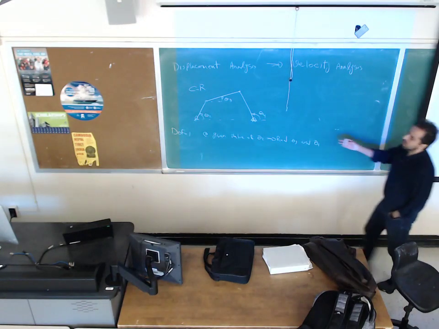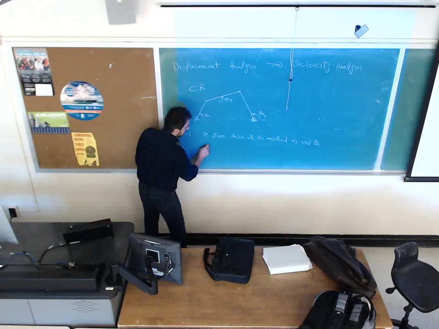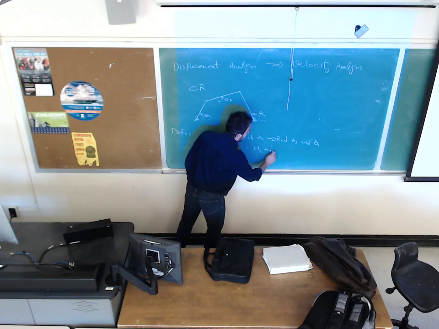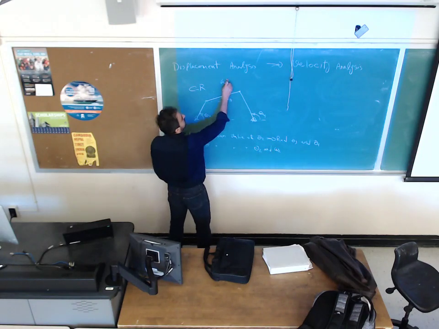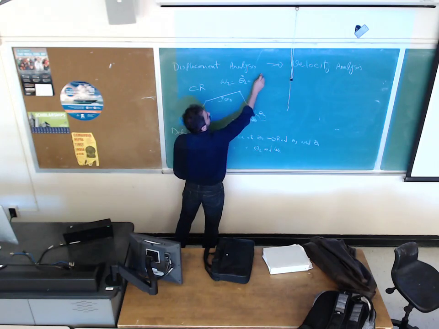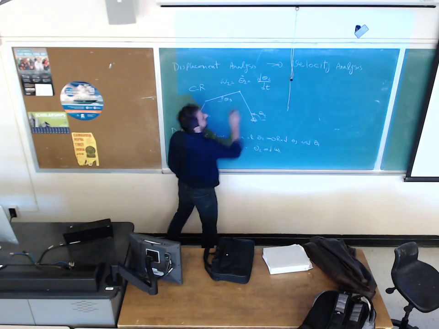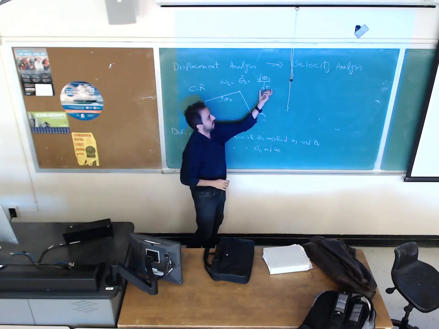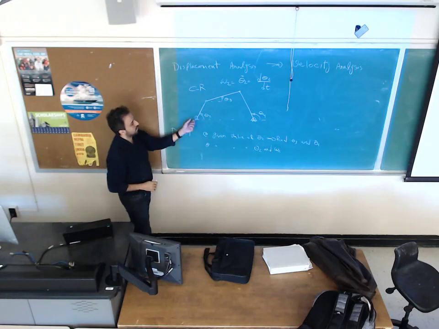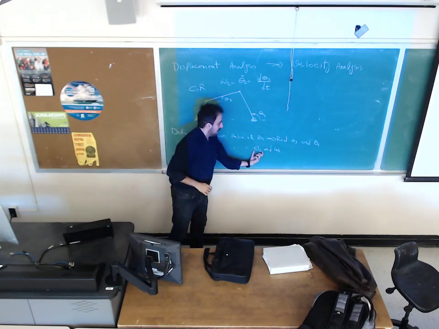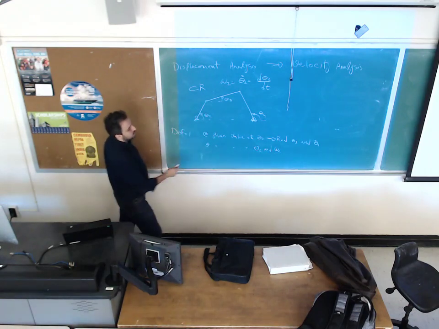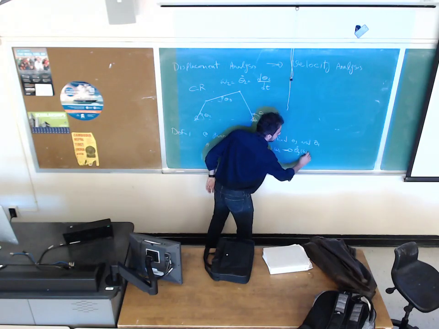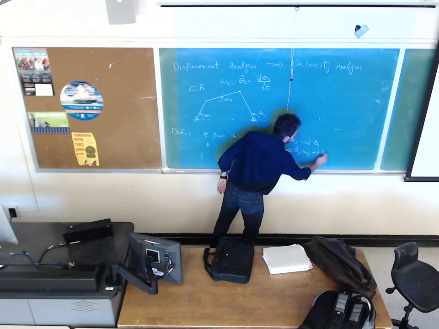So in any case, we would like to know at given value of theta 2 and omega 2, which is theta dot 2 or d theta 2 over dt, how fast theta 2 is varying over the time, at this given angle and angular velocity, what would be the angular velocity of link 3 and link 4?